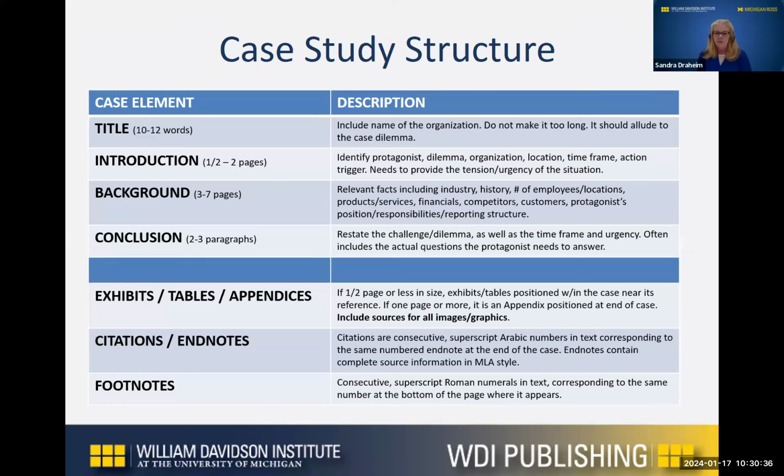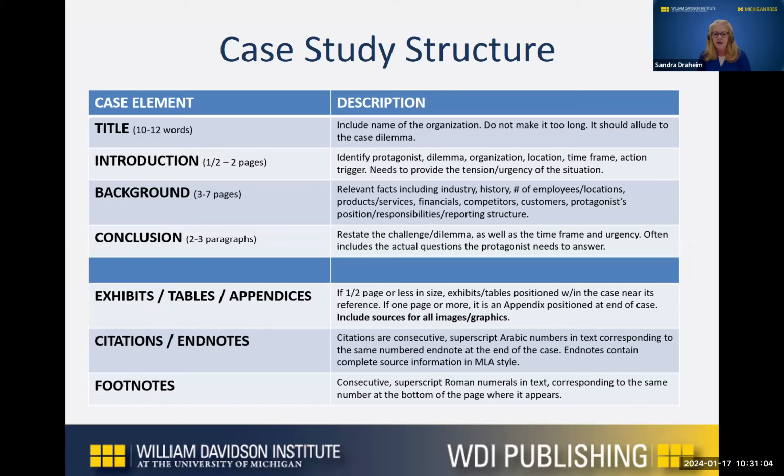It should feature the name of the organization and allude to the dilemma in the case. I caution against titles that are too long because that's not good for search results or online displays because it will truncate those titles and it may be cutting off an important part of the title. So I urge the titles to be a little bit shorter than longer.